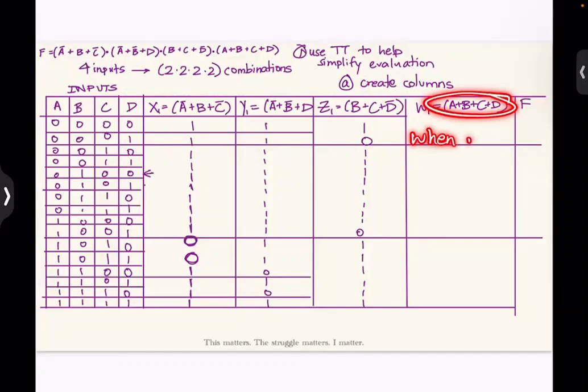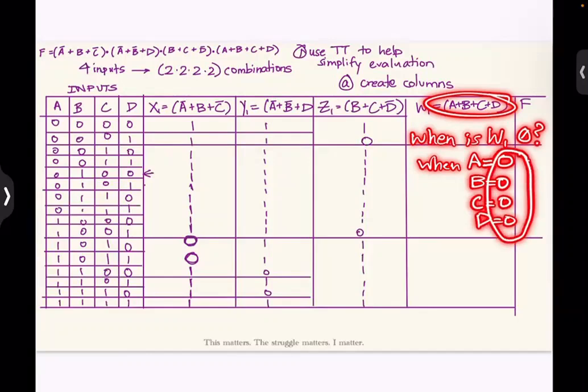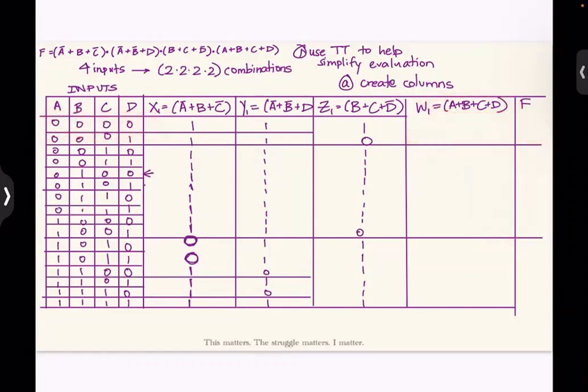So W1, when is W1 0? That is when A is 0 and B is 0 and C is 0 and D is 0. I say and because all need to be 0 at the same time. If one of them is not a 0, W1 is a 1.